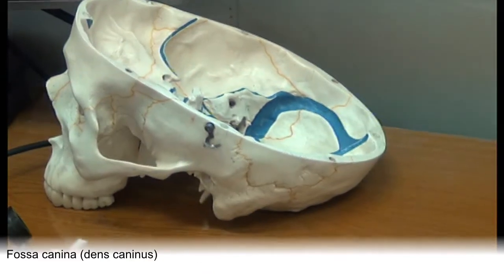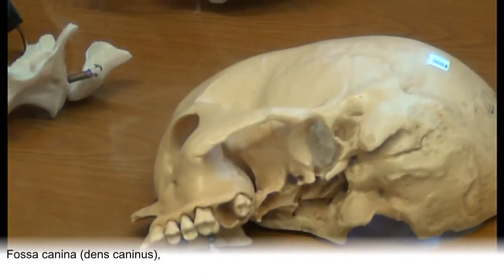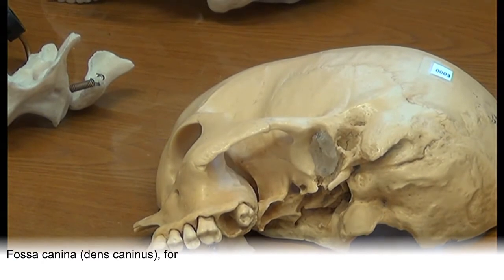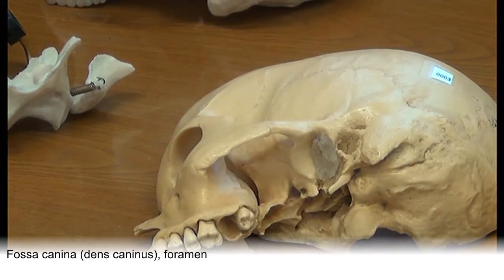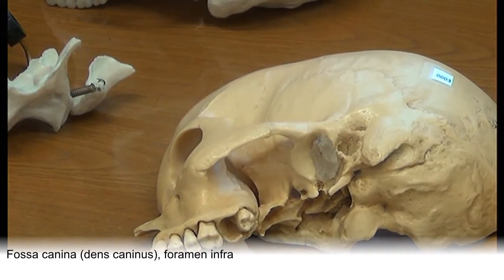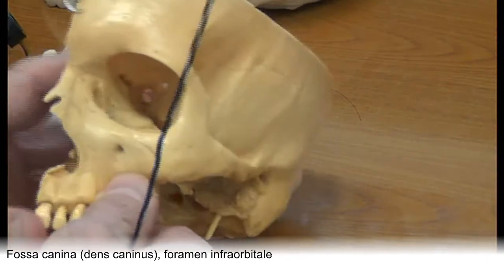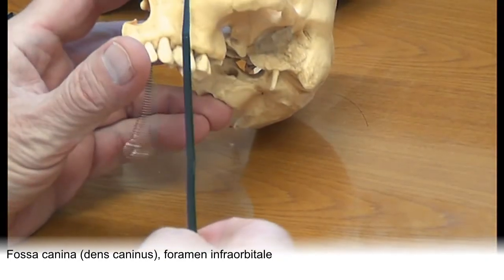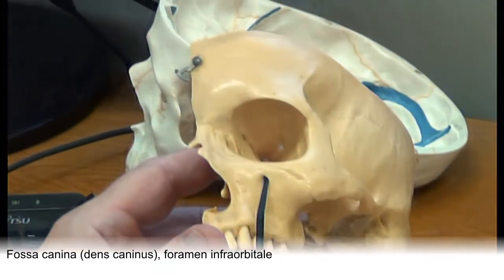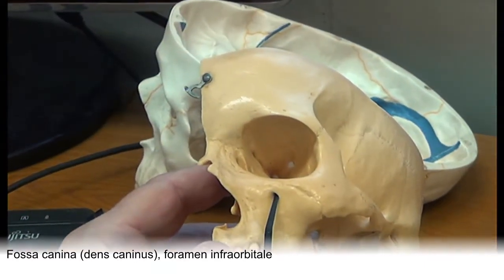Foramen infraorbitale. Now, please try to palpate this place on your face.